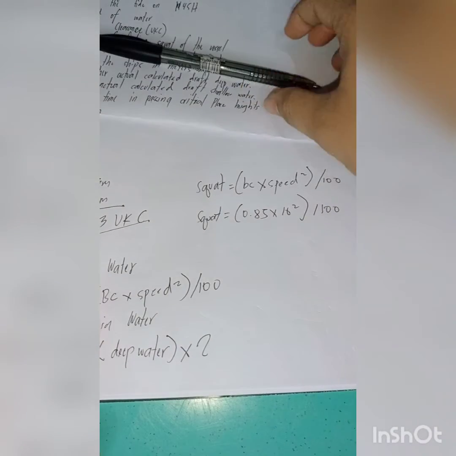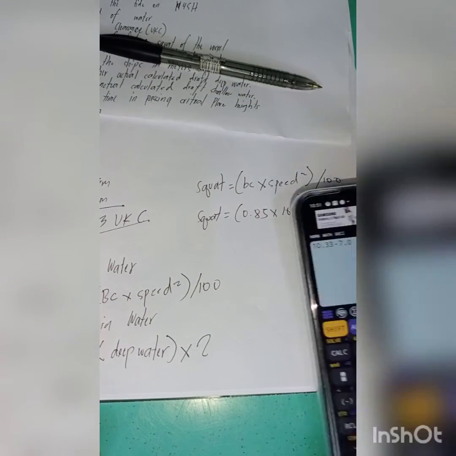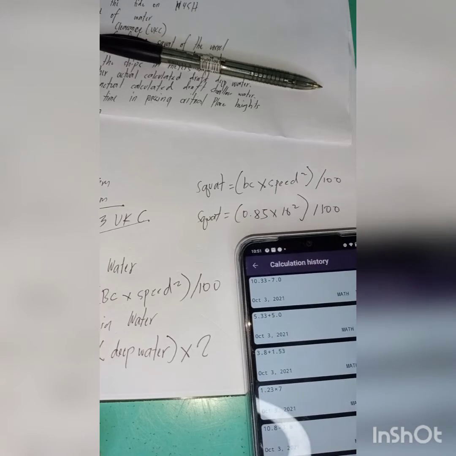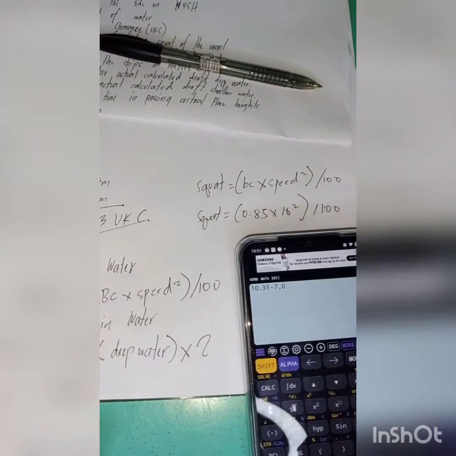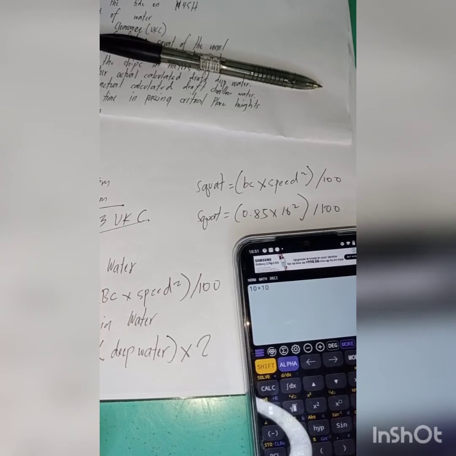When we solve, we need to solve the square first. 10 times 10 equals 100.